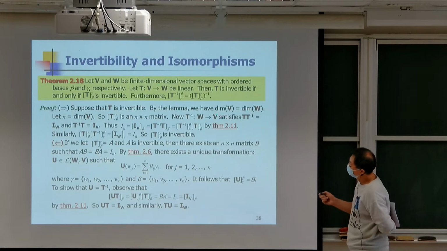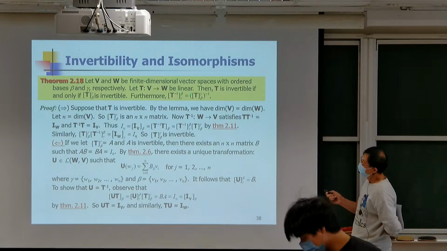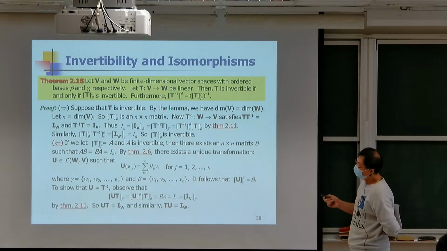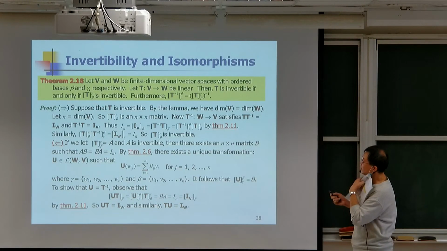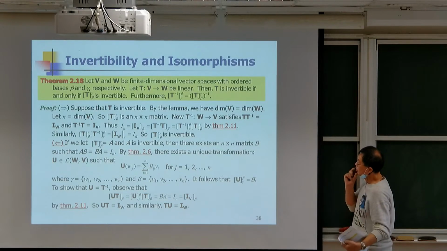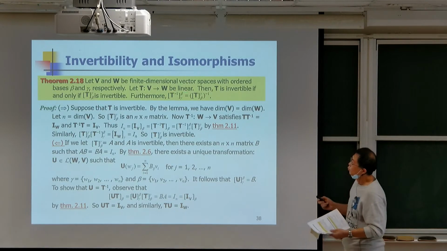And then we want to show that the matrix representation of the inverse transformation from gamma to beta will be equal to the inverse of the matrix representation of T. Okay, we want to prove it.